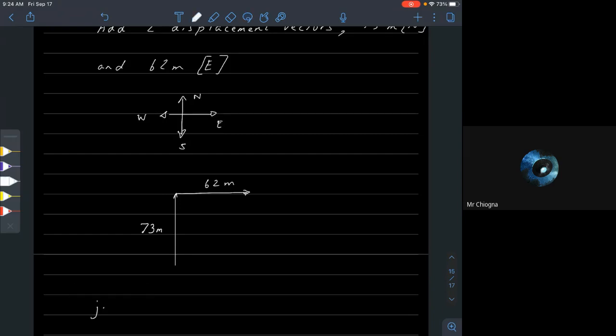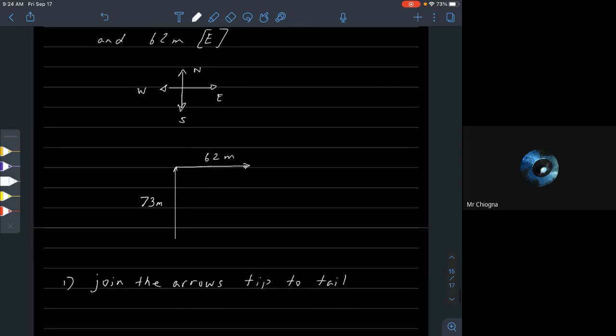Whatever type of vector it is, this rule always applies, that's the first rule: join the arrows representing the vectors tip to tail. So you're representing these vectors visually, graphically is another way of saying it.